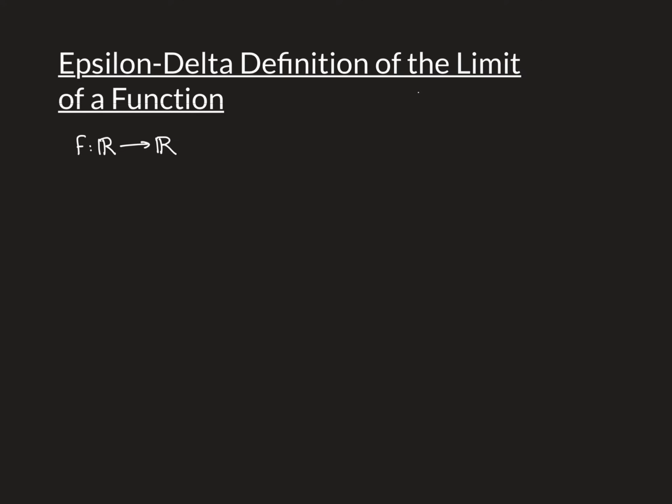So let's begin with the intuition behind what the limit of a function means. So we're going to be looking at simple functions, which are real valued functions of a single real variable, and throughout the video we will call our function f. So f is going to map every real number onto another real number.